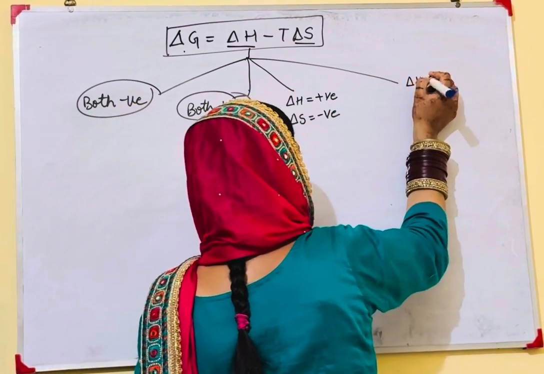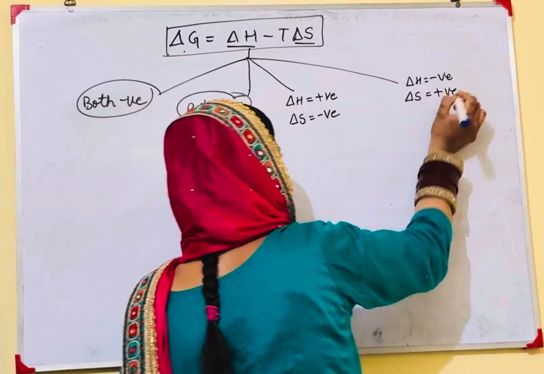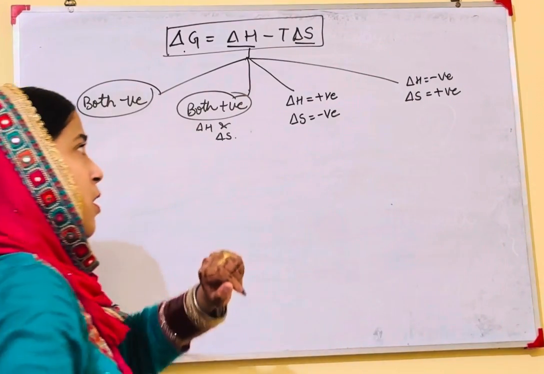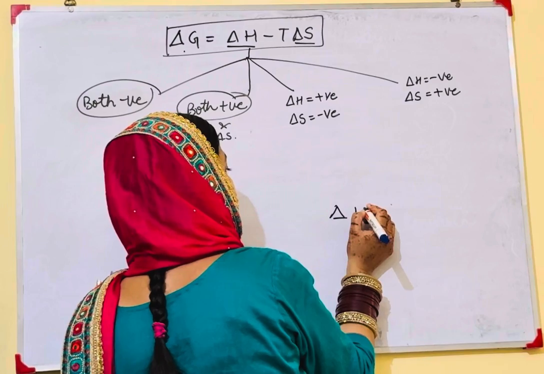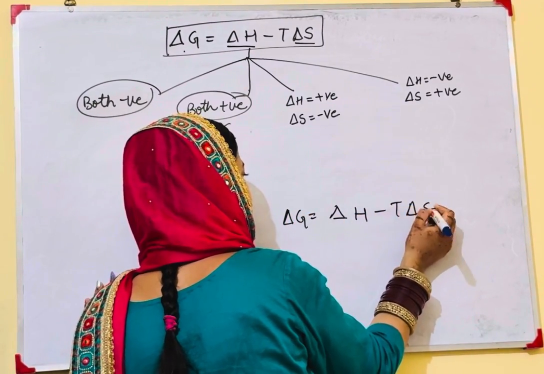Fourth, delta H negative and delta S positive. These four cases will be possible. This is the equation: delta G equals delta H minus T delta S.